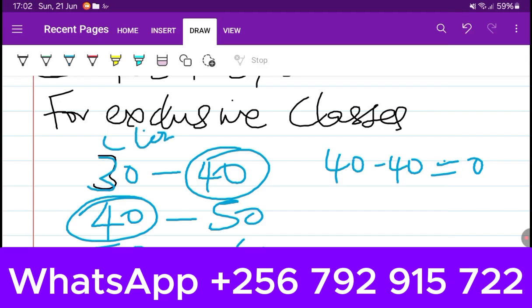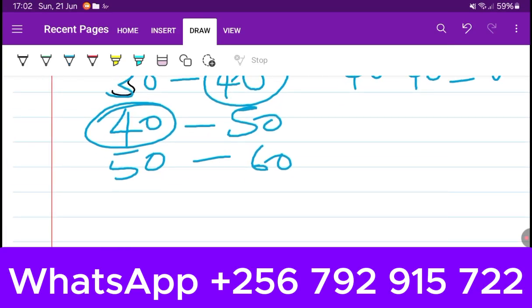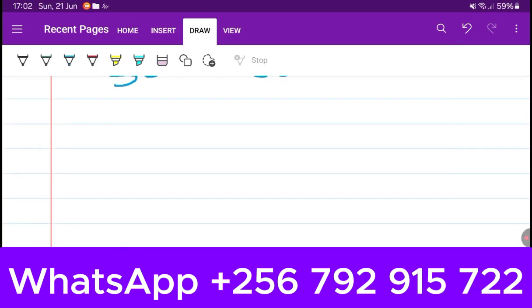But what is important for you to understand is that the class boundaries are always there to just remove the gap between those two separate classes. So how do we remove that?